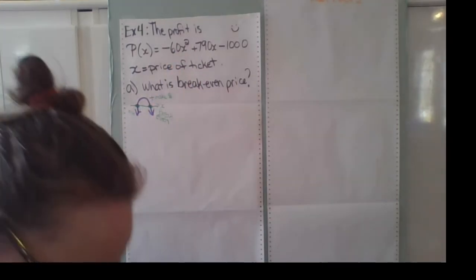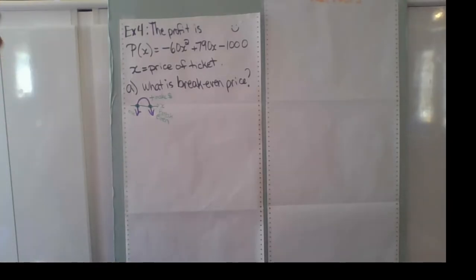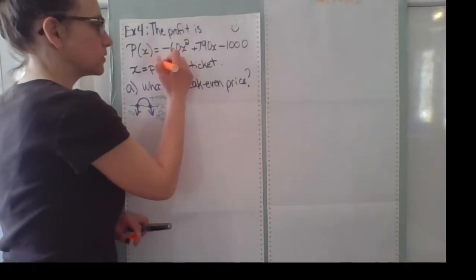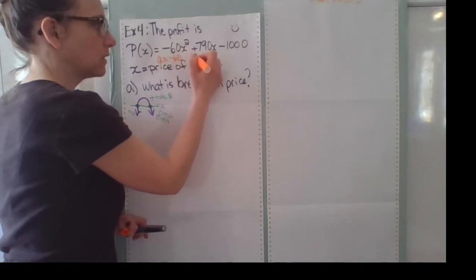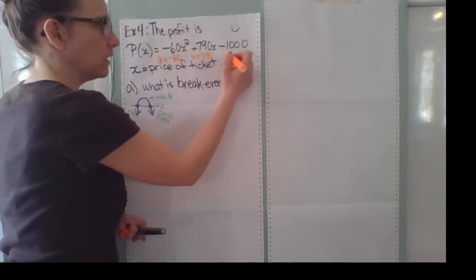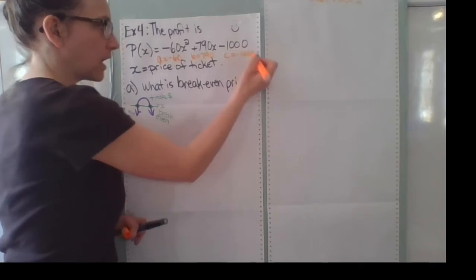All right. First things first, we're going to use the quadratic formula. So a is negative 60, b is 790, and c is negative 1,000.